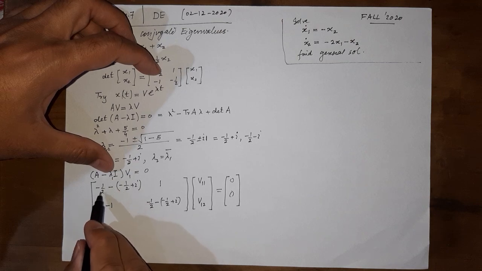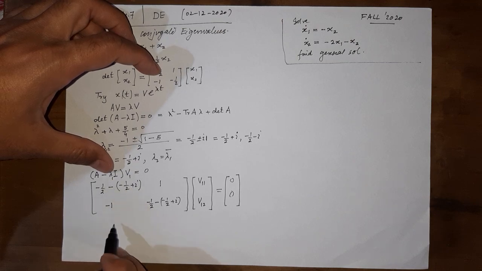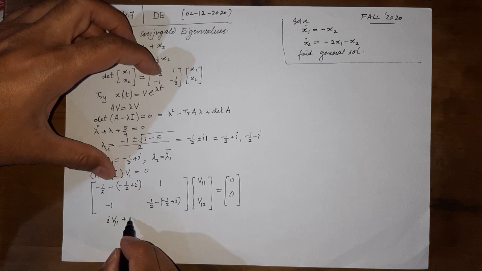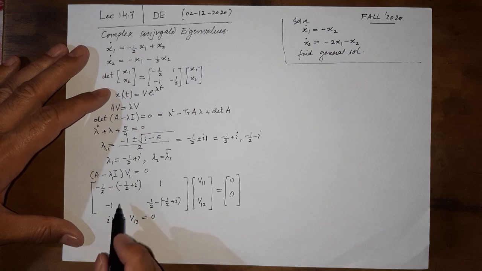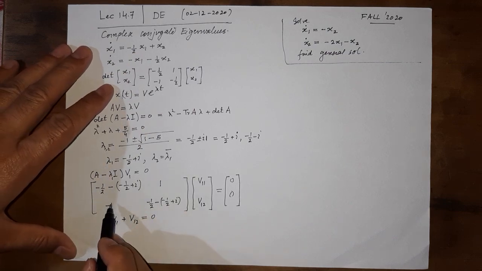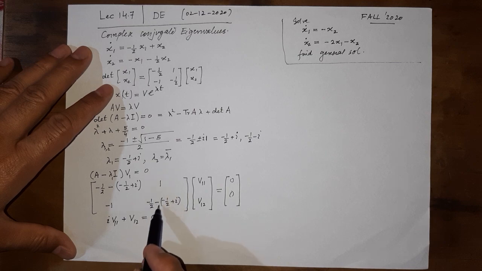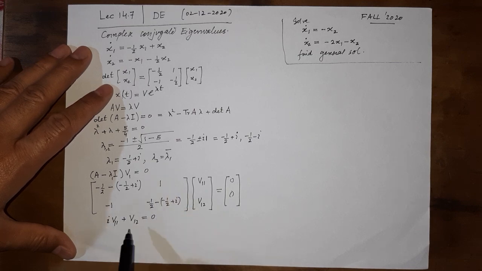So what is this? Minus half plus half. So this iota into v11 plus v12 equal to 0. This again, that relationship of multiplicity would exist here. We get iota here but minus 1 here, so iota is multiplied by iota to get minus 1. 1 is multiplied by iota to get iota. So only one expression is needed.